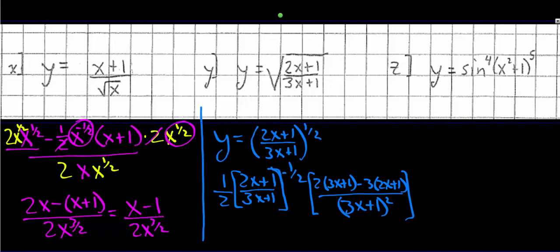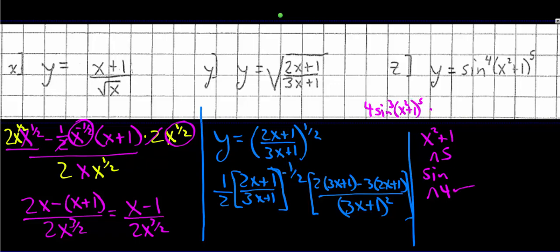Now for this one, we've got the chain rule. So let's see what we would do first. If I were evaluating this, I would go x squared plus 1, find that. Then I would raise that to the fifth power, take the sine of that, and then raise that to the fourth power. So I'm going to go backwards. So here I go. I've got 4 sine cubed of x squared plus 1 to the fifth.